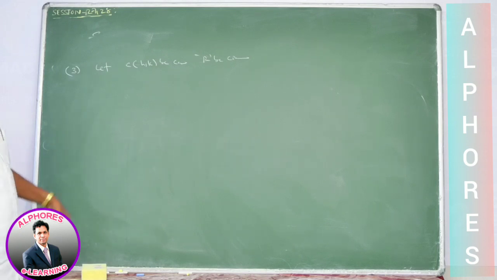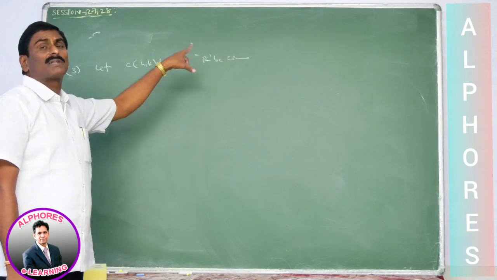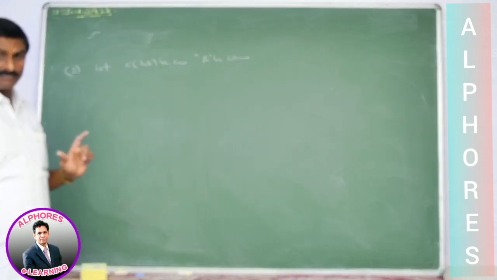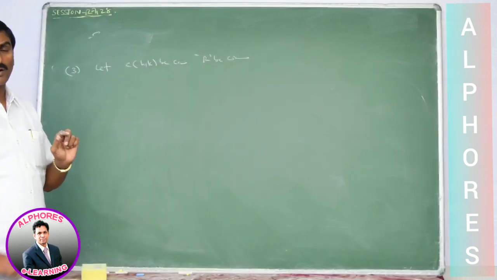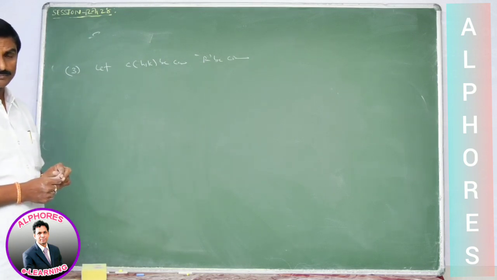Please note this point. Let C(h, k) be the center and R be the circumradius of a square, and the sides of the square are parallel to the coordinate axes.